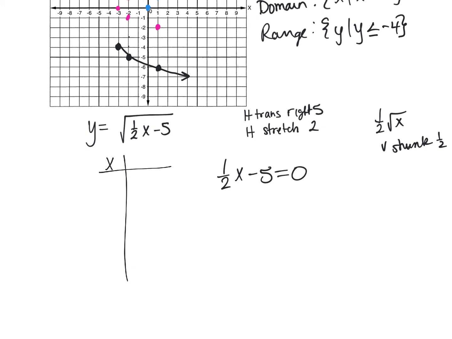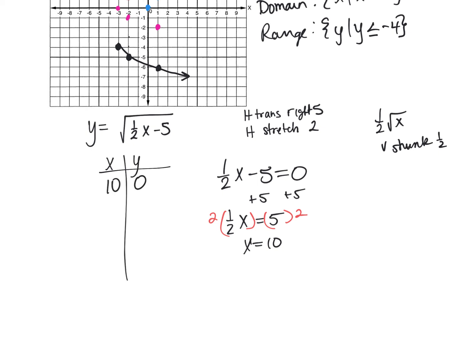That's the starting point, where what's under the radical is equal to 0. We solve that by adding 5. 1/2 x is equal to 5. Multiply both sides by 2, and x is equal to 10. So my starting point is at 10, comma 0.